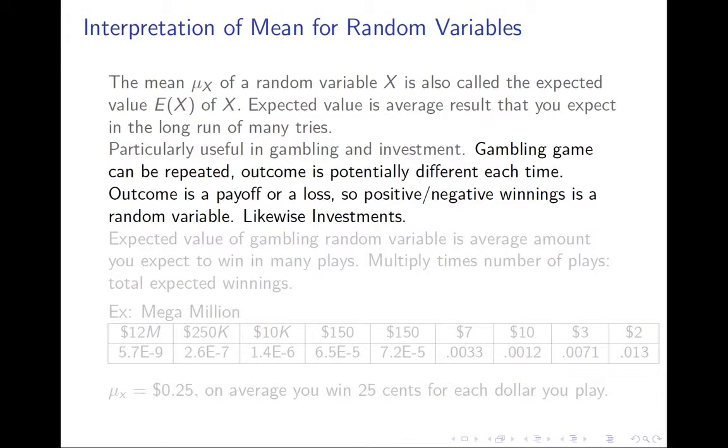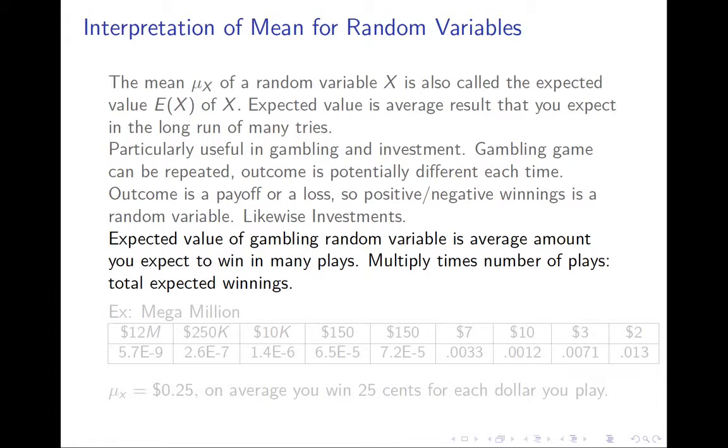You win a certain amount or you lose a certain amount. And if you think of losing $1 as winning -$1, then the outcome is a positive or negative number representing your winnings. So, a gambling game is a random variable. The same logic applies to investments, which work pretty much just like gambling.